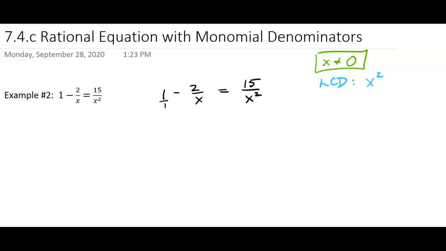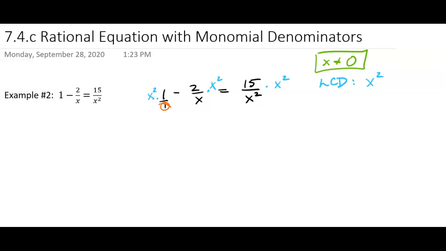So what I like to do is kind of recopy the equation with a little bit of space, and then I'll just multiply that in here. So maybe you've learned when you were solving linear equations in the past to clear the fractions. This is the same thing, okay? So we're trying to get rid of those denominators, all right? Now, this 1 down here really didn't have to be there.